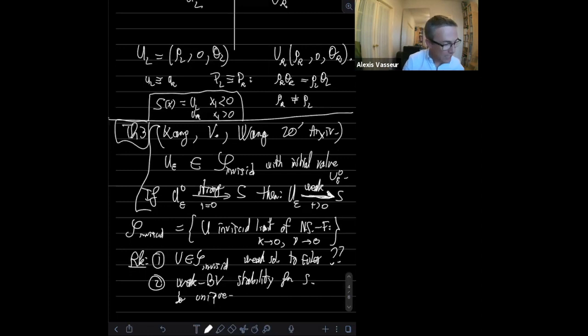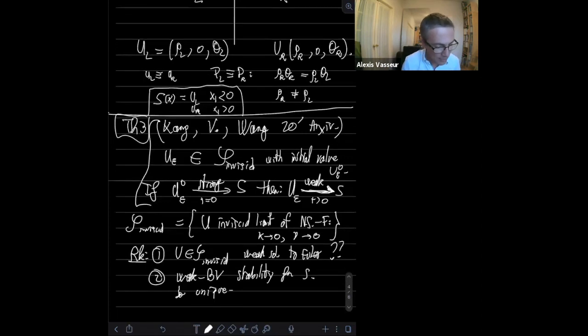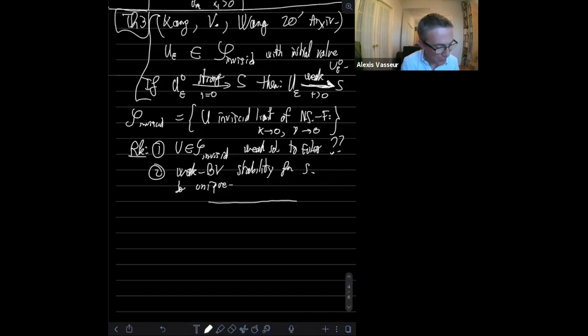I don't have anything to present here, but I think we're beginning to have new techniques in this direction, with things that we're doing with convex integration.